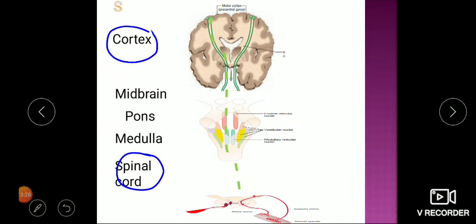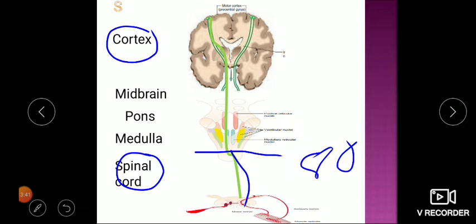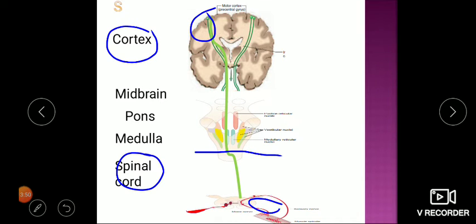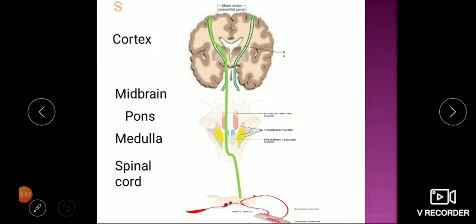Here at the lower end of the medulla, it crosses to the opposite side. 80% of fibers cross to the opposite side, so those starting from the right go to the left.